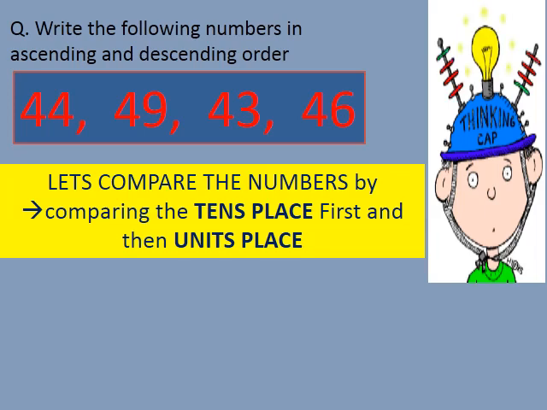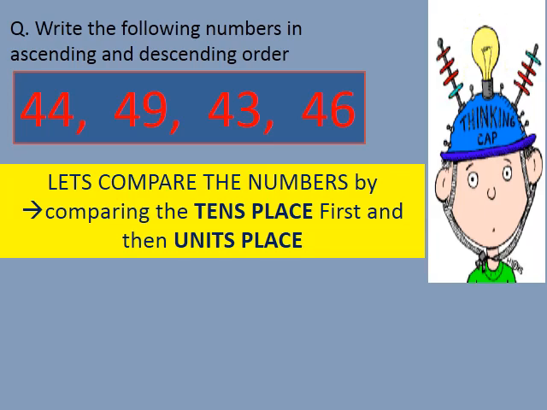So here if you see, we will understand that 44, 49, 43 and 46 have the same number in the tens place, that is number 4. So children, can we compare it using the tens place?